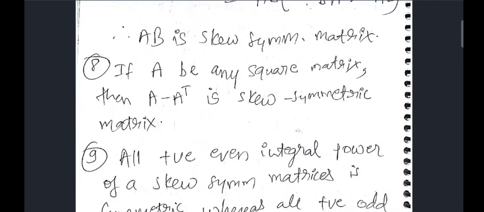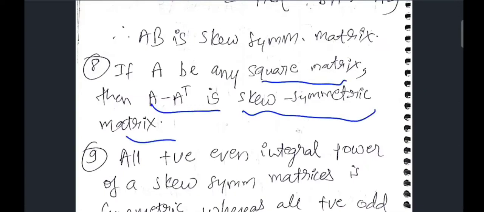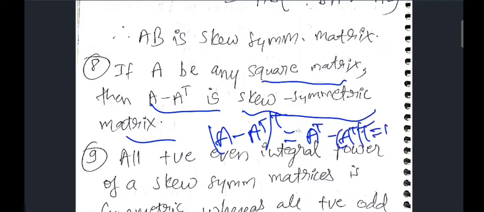Then the eighth property: if A is a square matrix, then A minus A transpose is a skew symmetric matrix. You can prove it. How will you prove it? Just take its transpose. A minus A transpose, its transpose will equal A transpose minus A transpose transpose, so it will come out to be A transpose minus A. Then you can write it as minus of A minus A transpose.